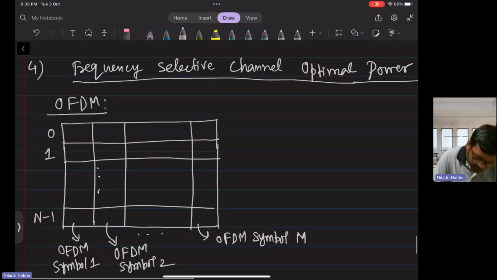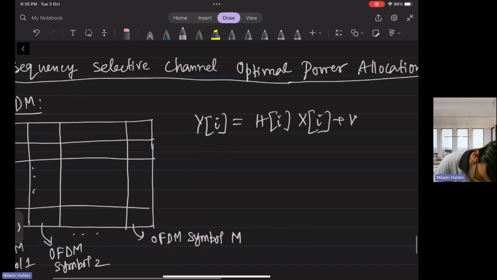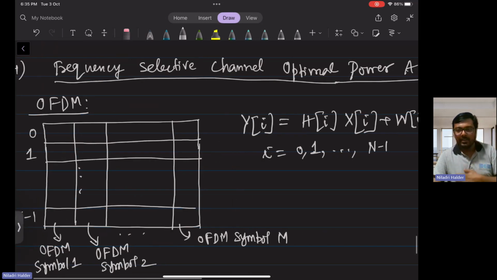For each subperiod, the system model will be as follows: yi is equal to hi xi plus wi, where i is equal to 0, 1, up to N minus 1. For each subperiod, it's just like a flat fading channel.